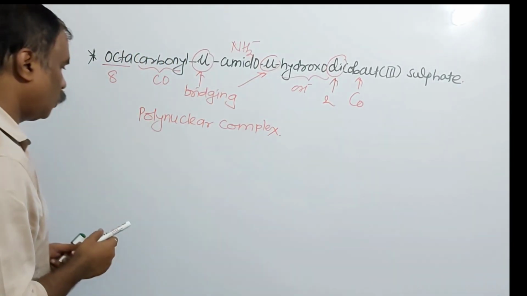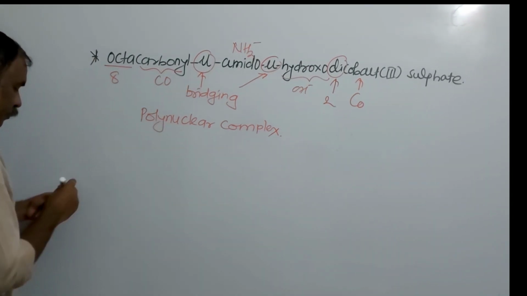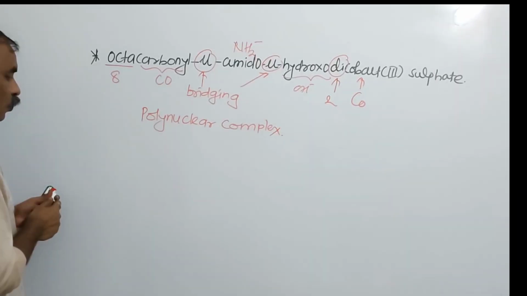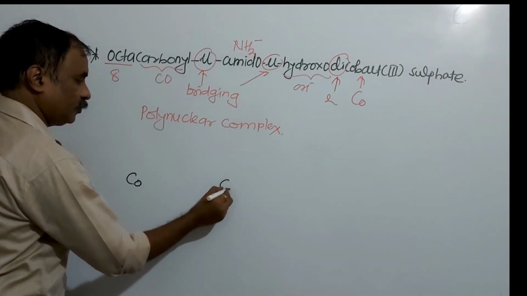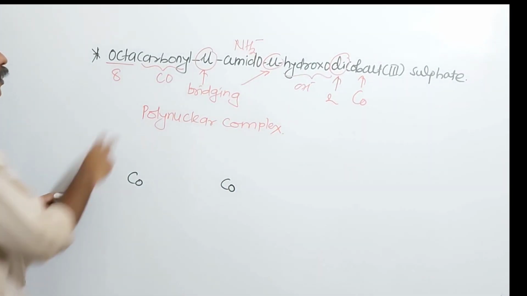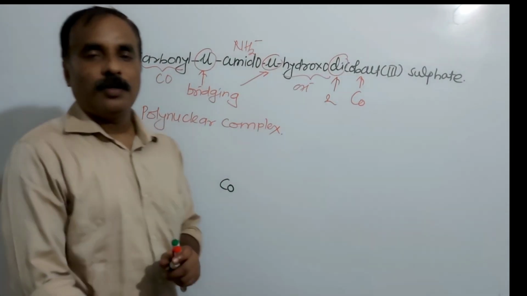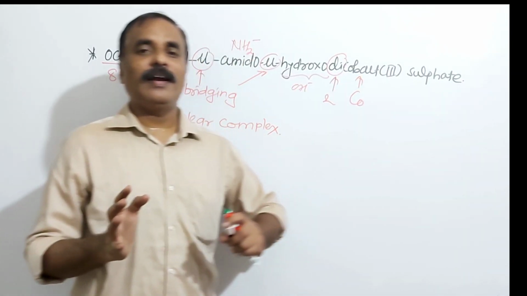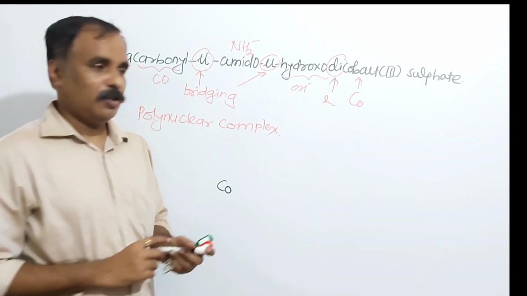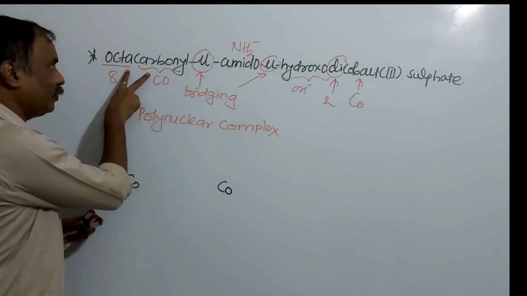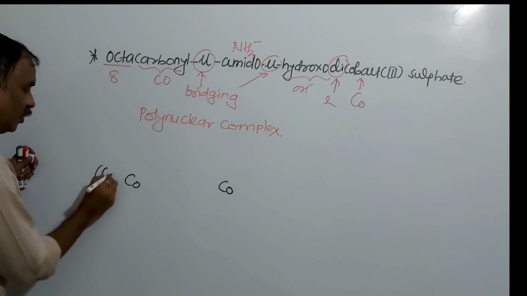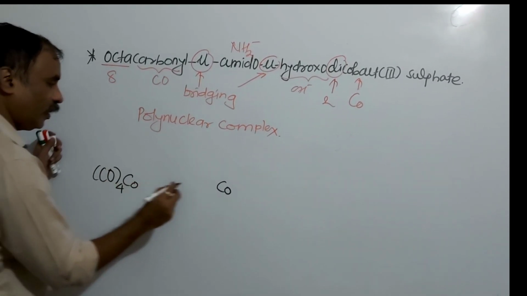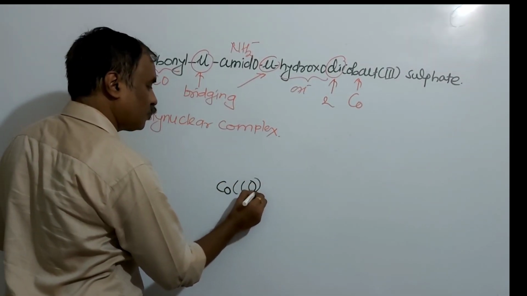See here two cobalts are there, like this. Octacarbonyl means 8 neutral carbonyl ligands are there. So distribute these ligands equally, that is 4 carbonyl ligands on this cobalt and 4 carbonyl ligands on this cobalt.